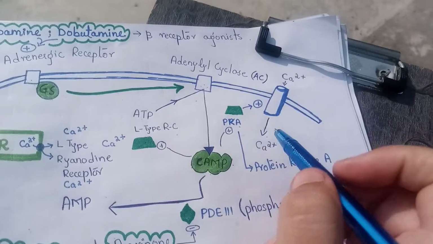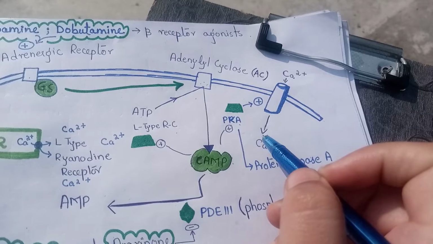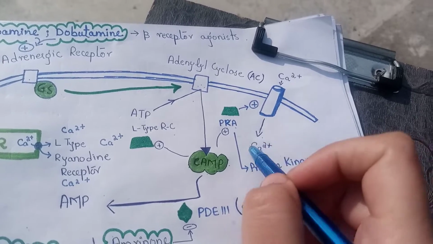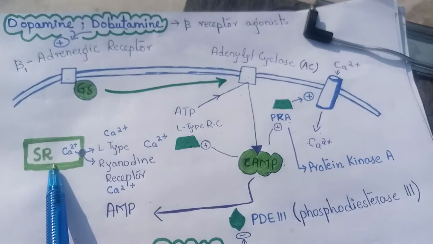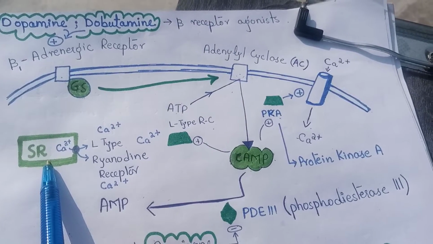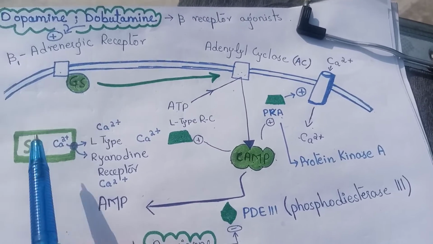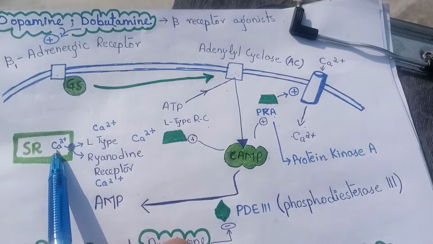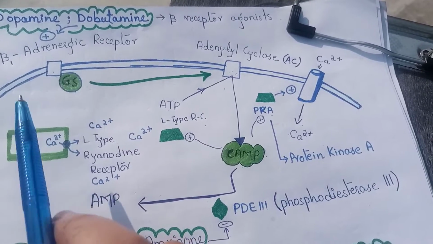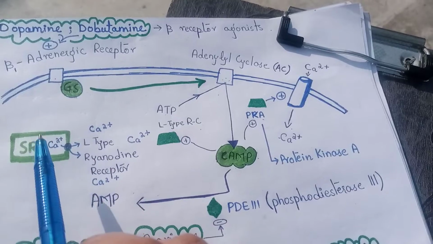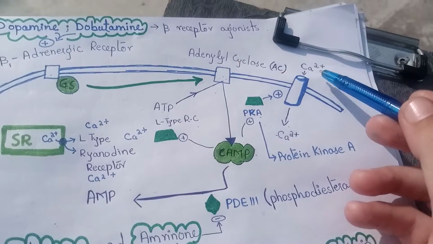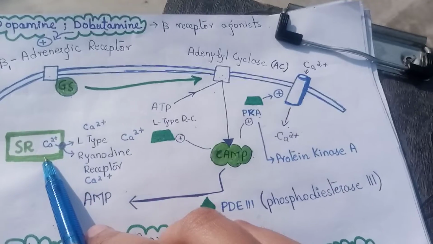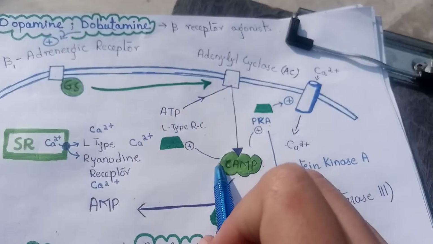When the calcium concentration increases inside, it also stimulates the sarcoplasmic reticulum to release the stored calcium which is present in it. This stored calcium is stimulated by the calcium entry from outside, and it is also stimulated by the cAMP.